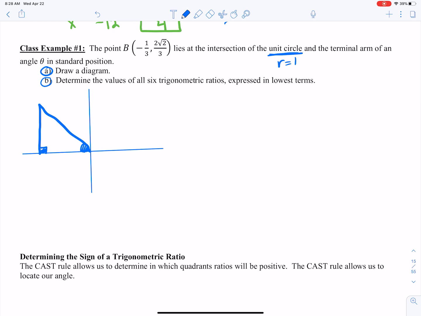And I know this is x, this is y, this is r. Because it's on the unit circle, r is 1, and my x coordinate is negative 1/3, and my y coordinate is 2 root 2 over 3. So you can go ahead and finish that question, all 6 trigonometric ratios.